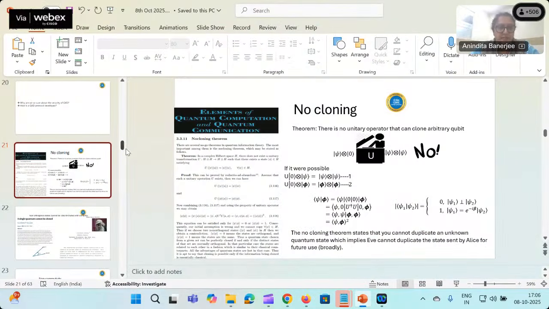Okay, so now let us see what the principles are when we say that the key distribution is secure or the key is safe. What do we actually mean? How do we say that? The first principle is there is no quantum Xerox machine.